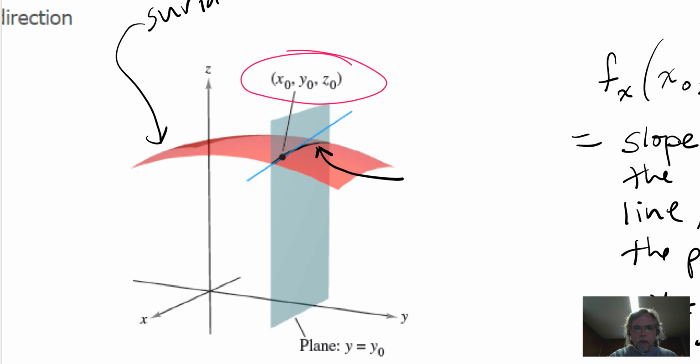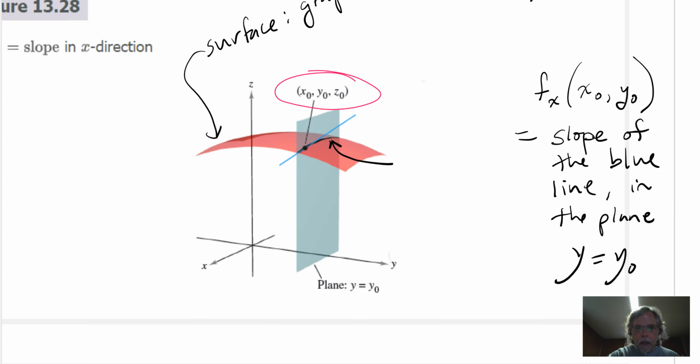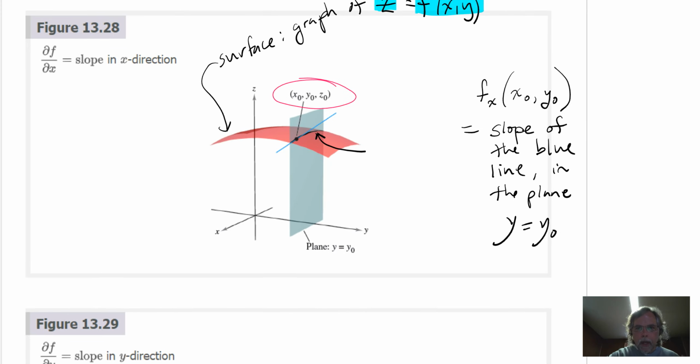The slope of that line is the value of the partial derivative at that point, which is what I have over here, the partial derivative of f with respect to x. So x is the variable, y is a constant. At the point x0, y0 it is the slope of that blue line, which is the tangent line to that intersection curve in the plane y equals y0.